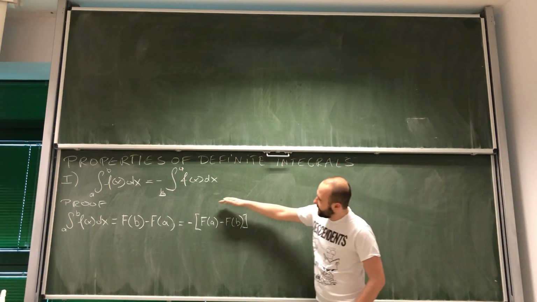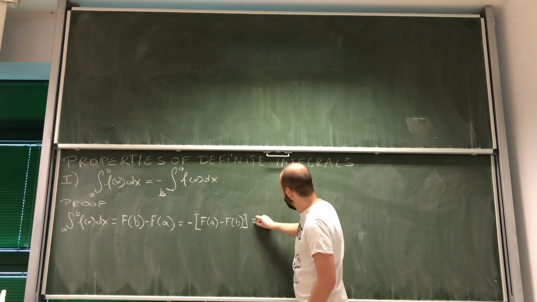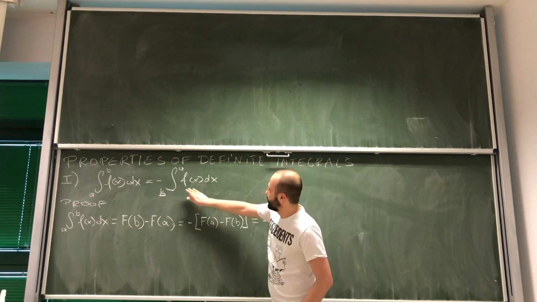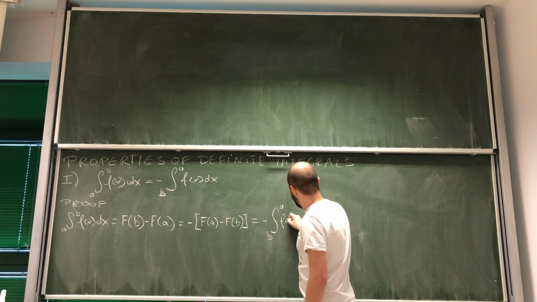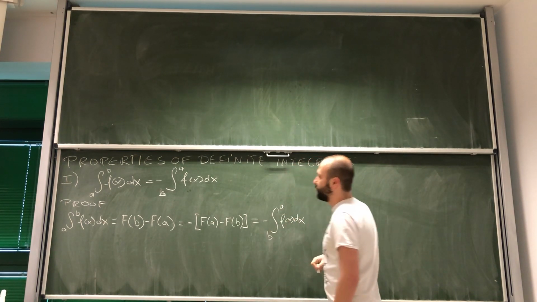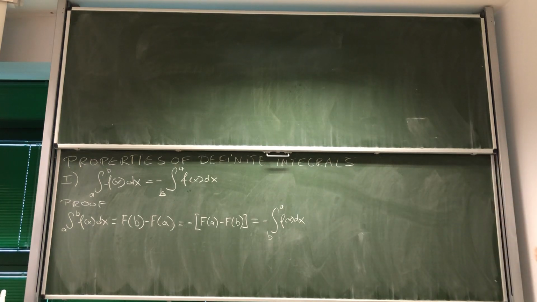This inside, by definition, is an integral with limits b and a, which finishes the proof. Now, but how could we interpret this fact?